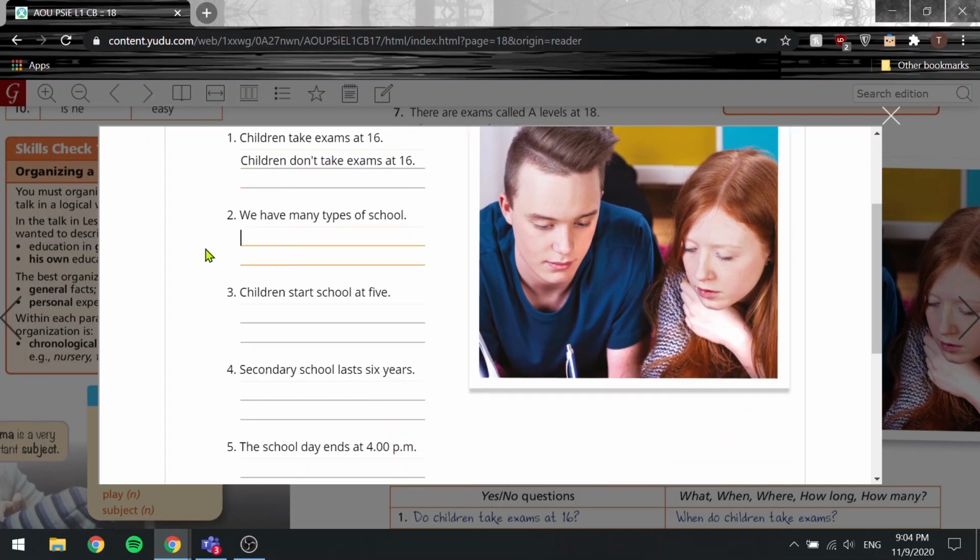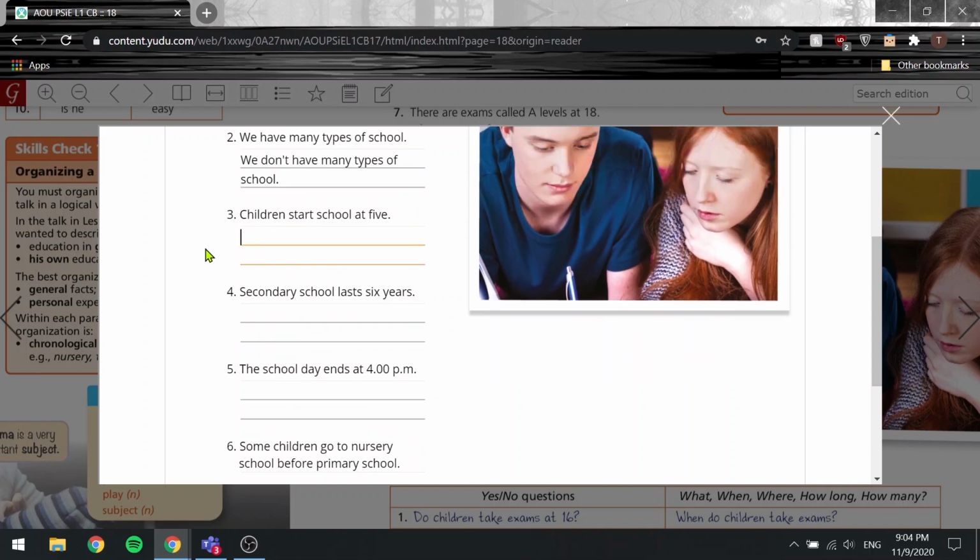Number 2, we have many types of school. We'll say we don't have many types of school. Number 3, children start school at 5.